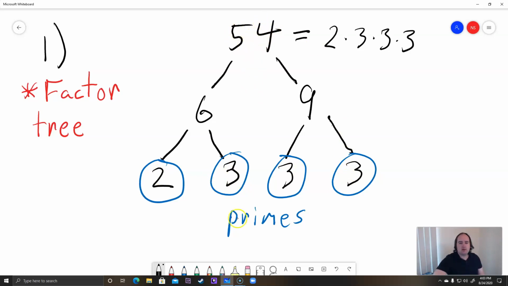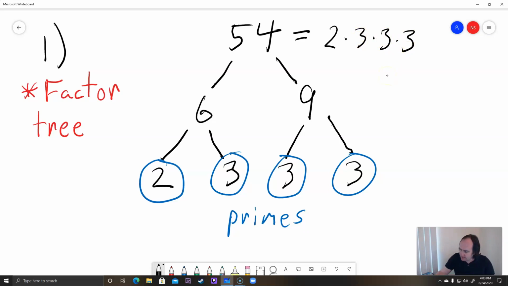And then rather than writing it as 3 times 3 times 3, you actually want to write repeated factors like 3 as an exponent instead. So remember, an exponent tells you how many times you multiply a number times itself. So here, the 3 times 3 times 3, you are actually going to want to write that as 3 to the third power, because there's 3 3's there.